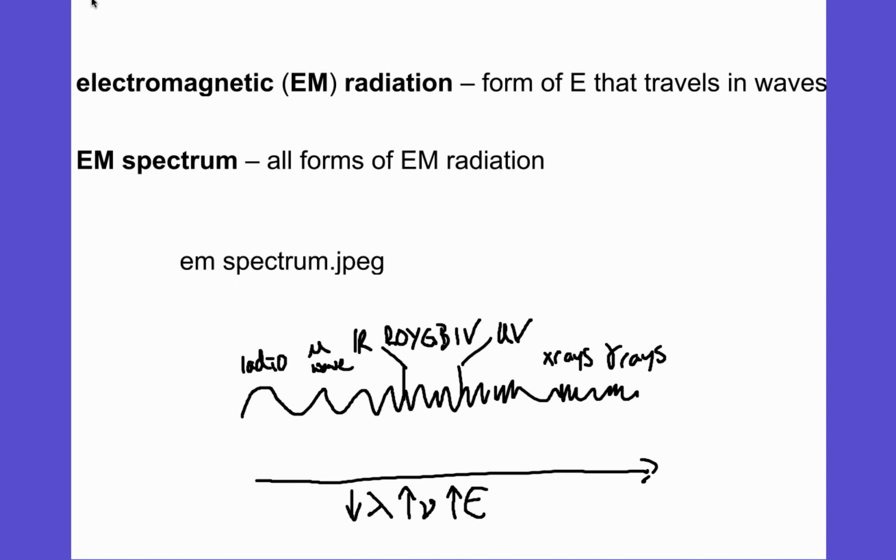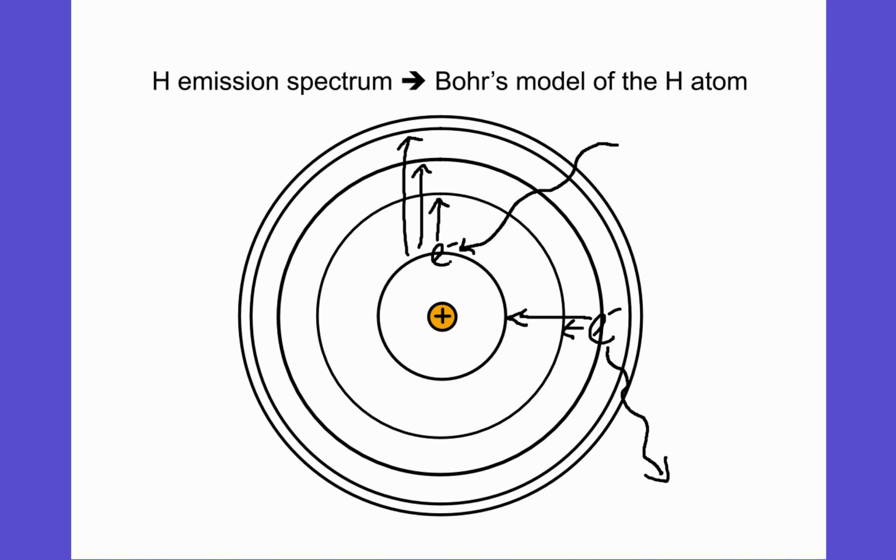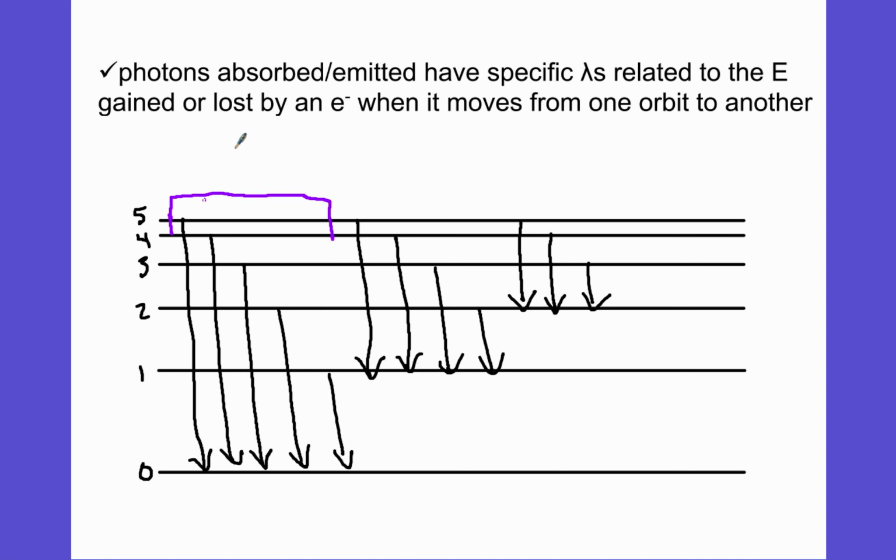If I go all the way back to my electromagnetic spectrum, light that's too energetic and too short of wavelengths for us to see is UV, right? It's ultraviolet. So these drops would be associated with UV light that we wouldn't actually be able to see.